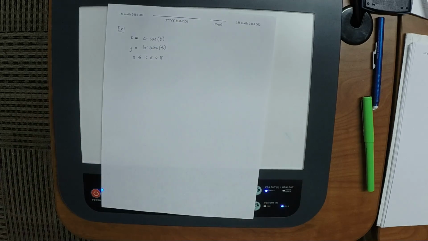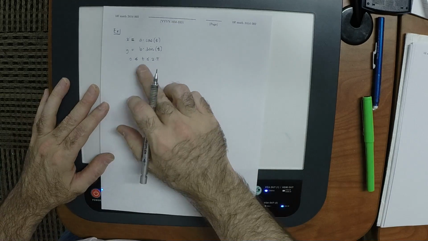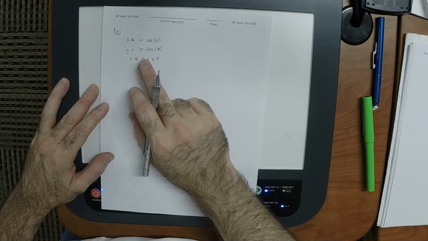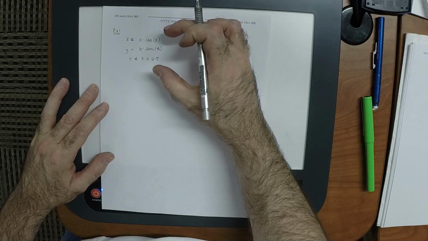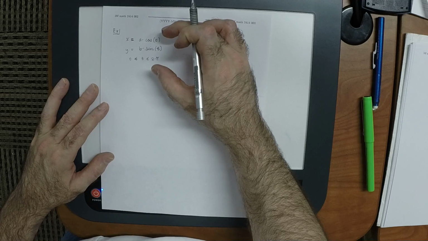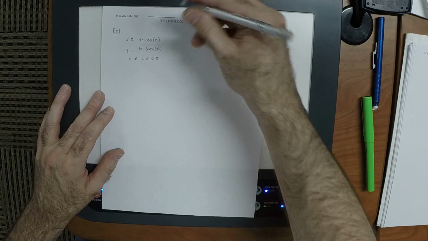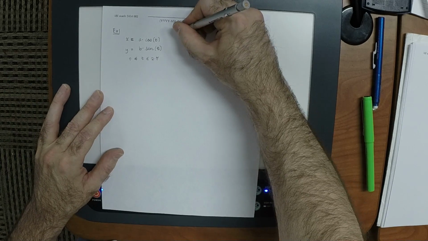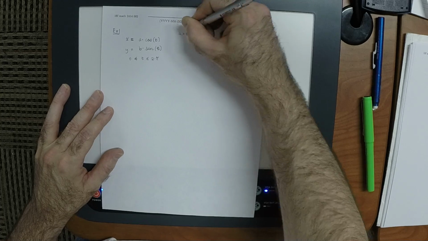So because of our previous experience, you should know what this is. Well, it has something to do with the Pythagorean identity. So specifically, a and b are just positive constants.